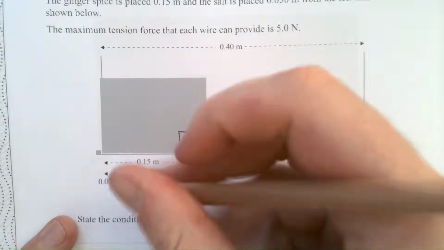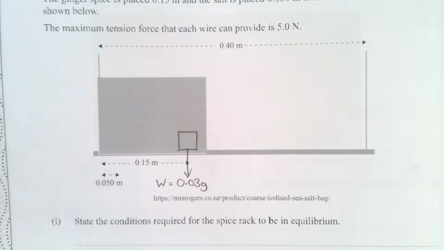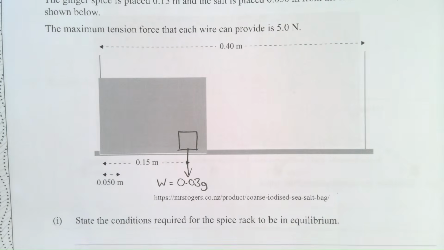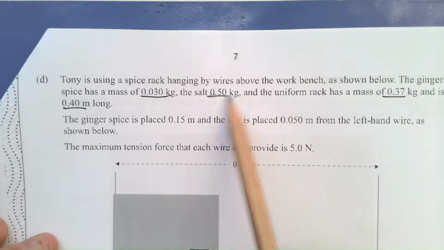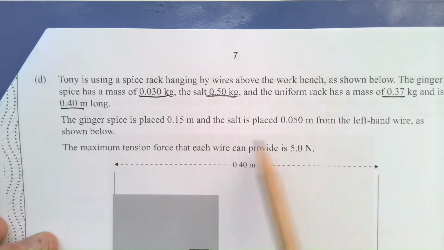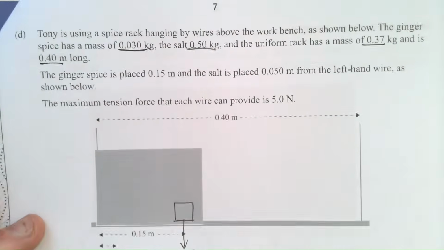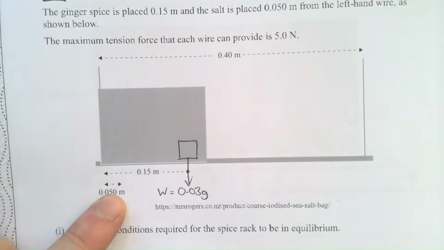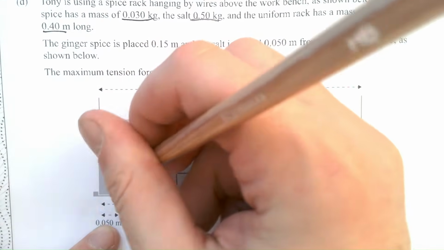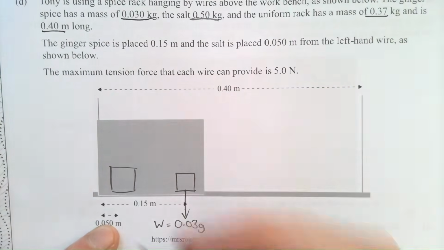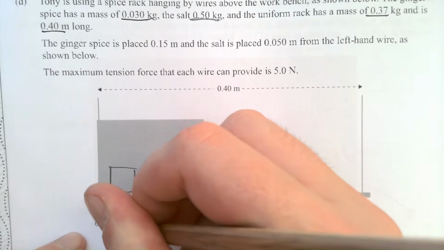I'm just saying that its weight is equal to 0.03 g. The salt was half a kilogram, and it was placed 0.05 meters away. It's this one here. So I'm going to add another little box, or bigger box if you want, it's a bigger mass, and it's 0.5 g this time.